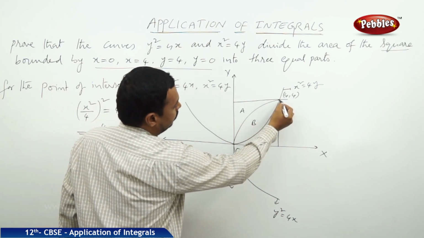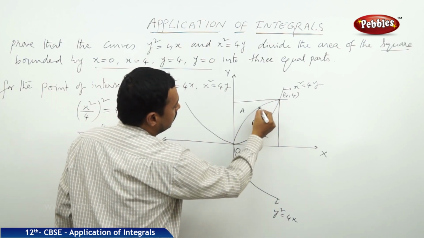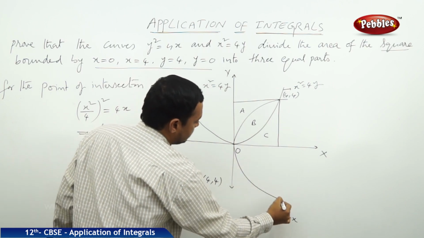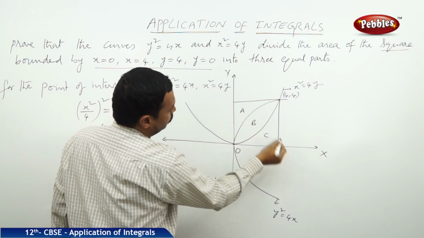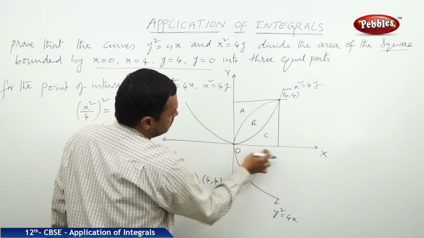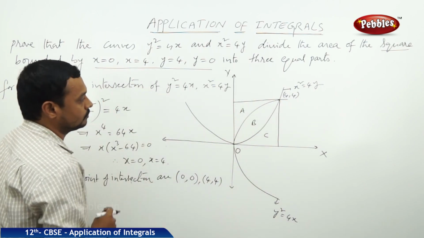You see, we can integrate this curve. That means y square is equal to 4x between y is equal to 0 and y is equal to 4.